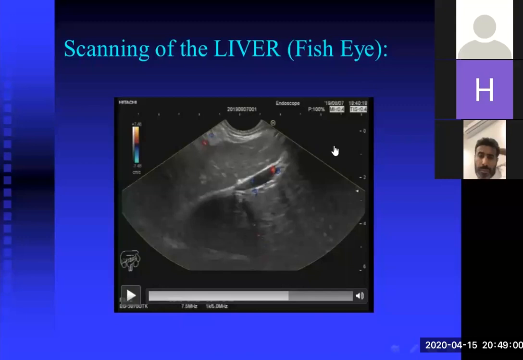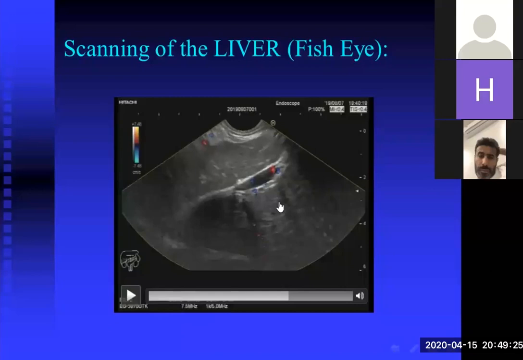Here the segments are at the level of the fish eye appearance. This is 4A and this is 4B. At the level of the ligamentum teres, this is segment 3, and at this position we can do hepatogastrostomy in segment 3, and this is 4B.